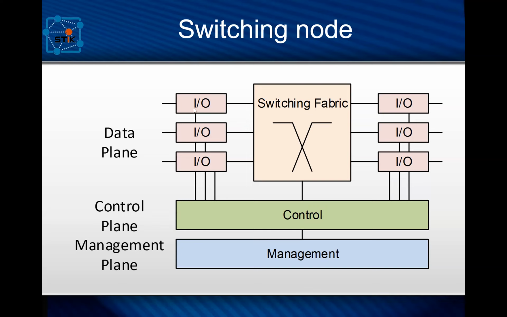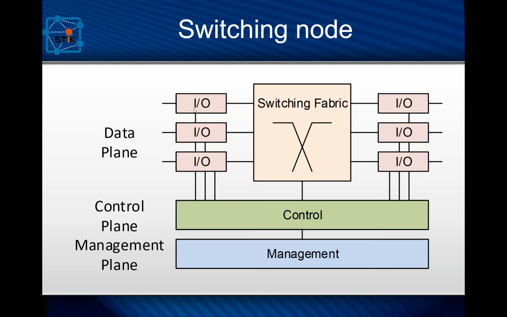The power supply module is also an essential component of the switching node, although it is not shown here. Switching nodes are abstract devices, but there are many implementations of such elements. For instance, switches in internet networks, routers in IP networks, or telephone exchanges are all examples of switching nodes.